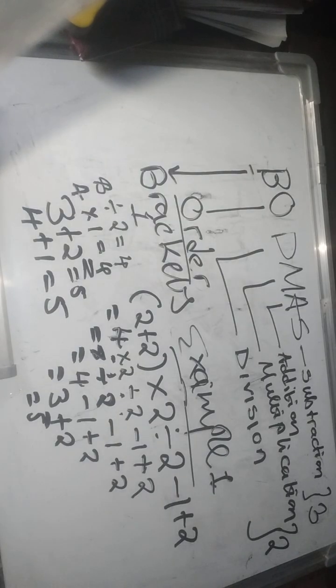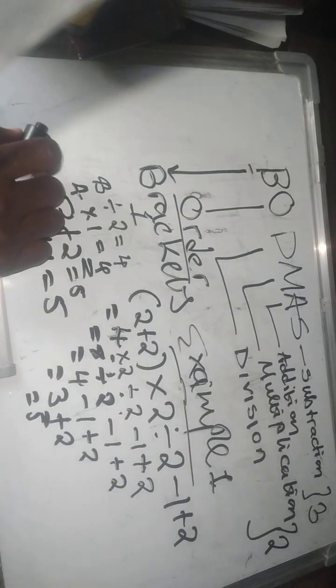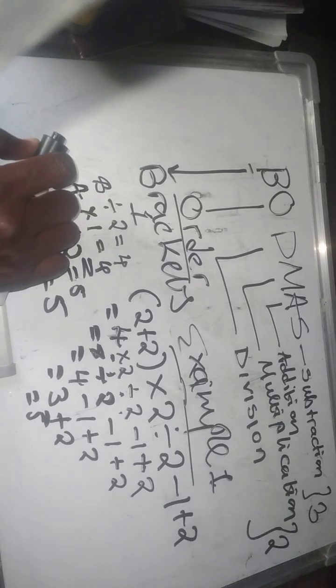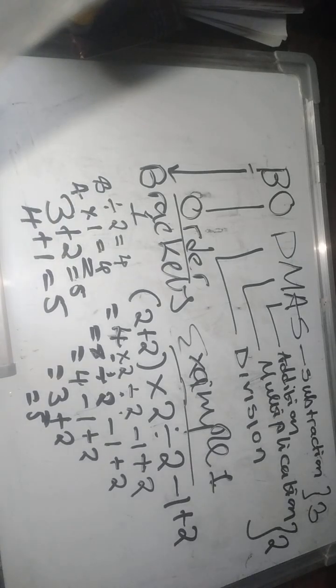Then you can go to either multiplication or division. Do not rush to addition or subtraction. After you're done with multiplication and division, then you can go to either subtraction or addition. So this is what I had for you.